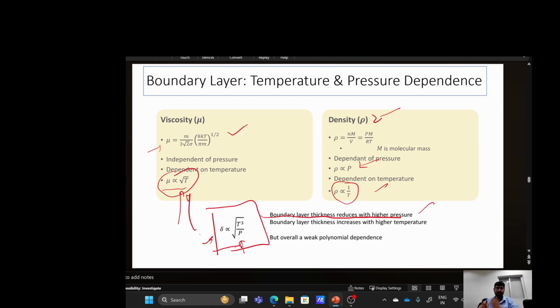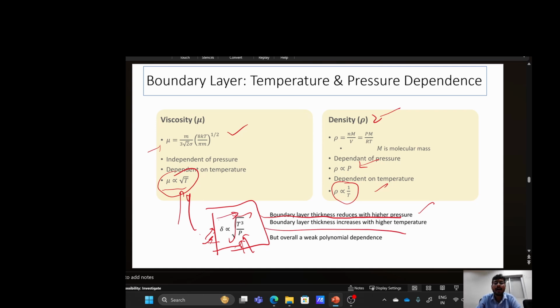What you need to remember is that delta depends on temperature and pressure. If the pressure is higher, the delta is lower because there is an inverse relation. If the temperature is higher, the delta is higher in this case.